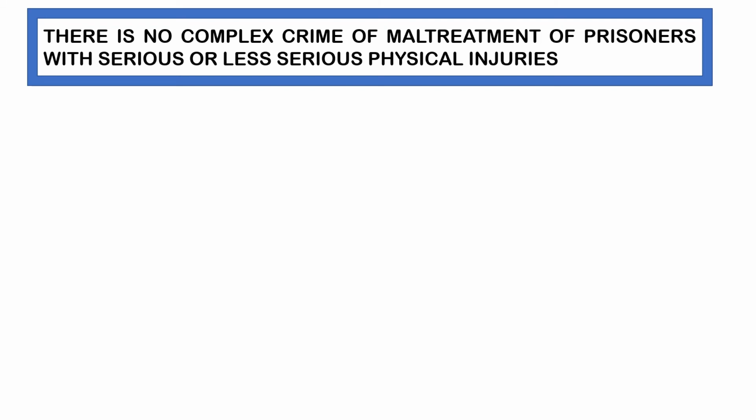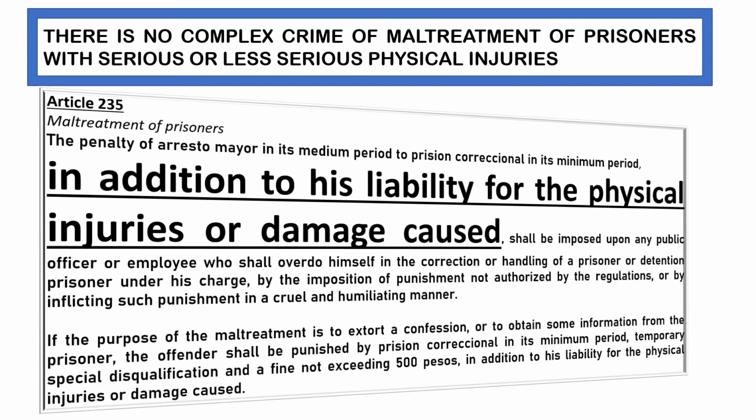There is no complex crime of maltreatment of prisoners with serious or less serious physical injuries. Bakit? Because if you read Article 235, very clear dyan nakasulat that in addition to his liability for the physical injuries or damage caused, then the public officer or employee is also liable for the maltreatment of prisoners.